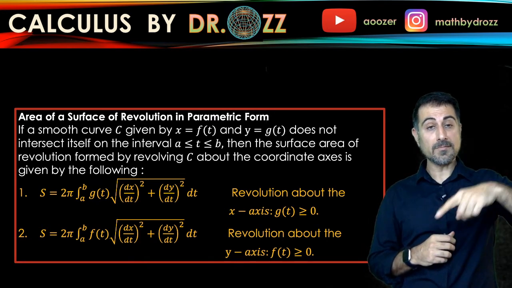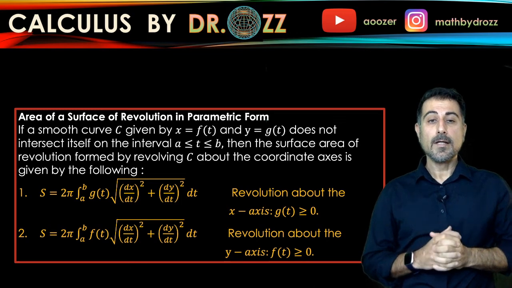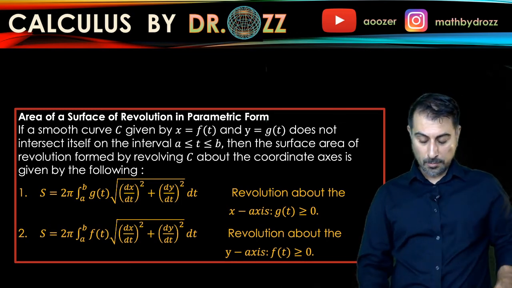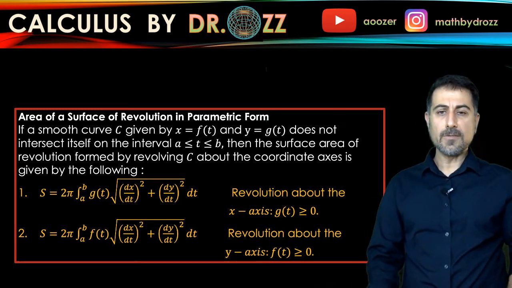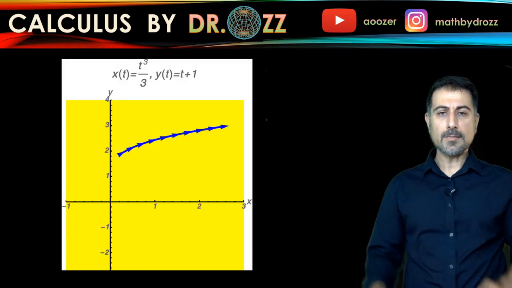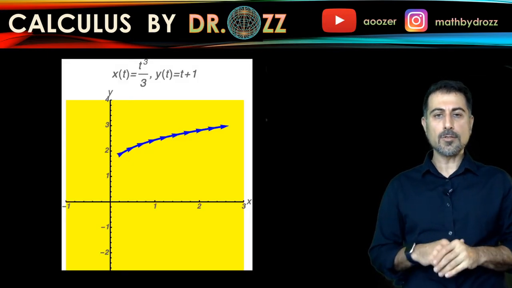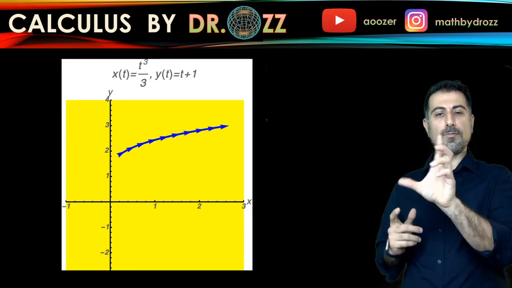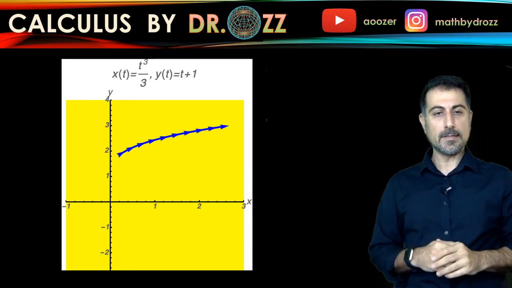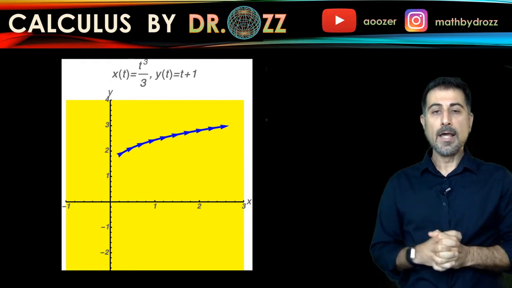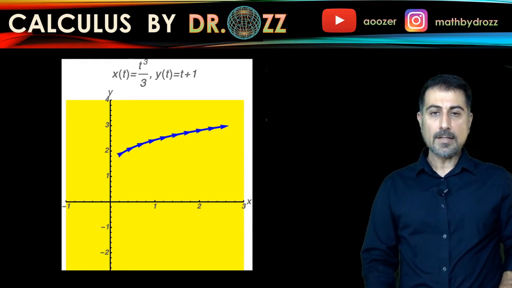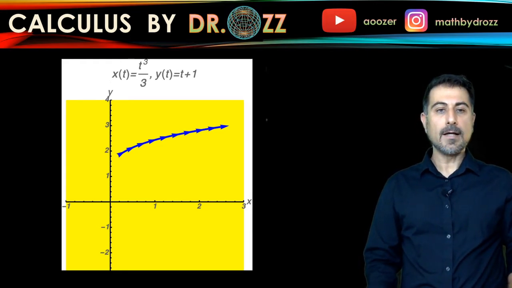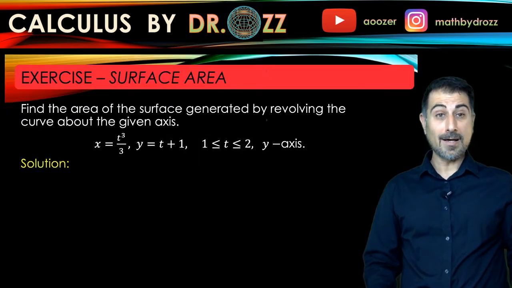So circumference times the arc length. So we're going to use this formula, and let's see what kind of curve we should expect to start with. I think that's a parabola-looking curve. Essentially, we're going to revolve this around the y-axis, and there's going to be a surface generated by that, and we'll be finding the surface area of the three-dimensional object.